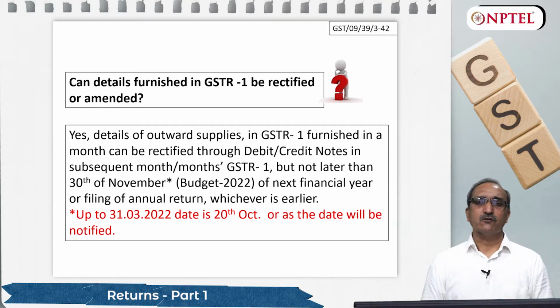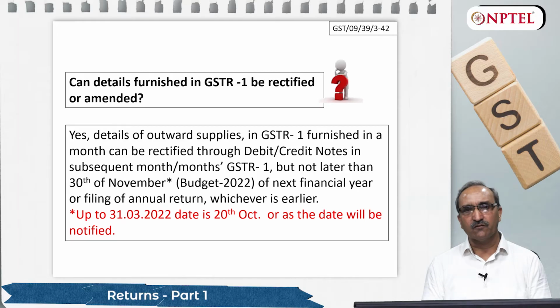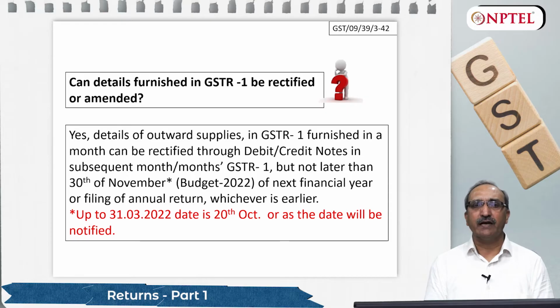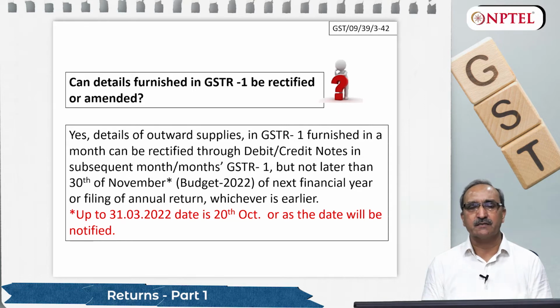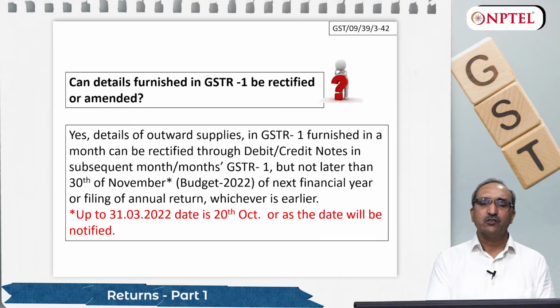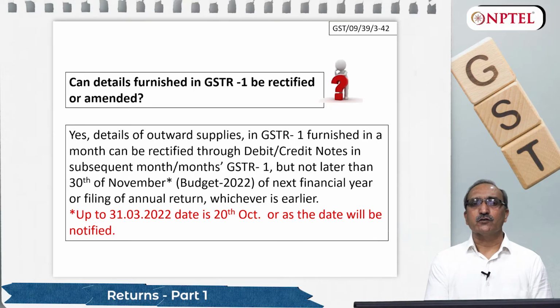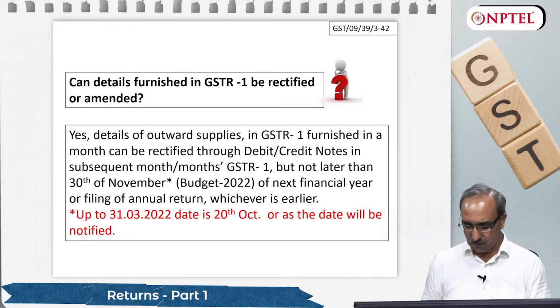So if we are in July 2024, the financial year is 24-25, from 1st April 2024 to 31st March 2025. If there is any mistake in any monthly return, it can be rectified by 30th November of next year, that means by 30th November 2025, we can rectify the 12 returns we filed during the 24-25 financial year. That provision is also there in GST law.